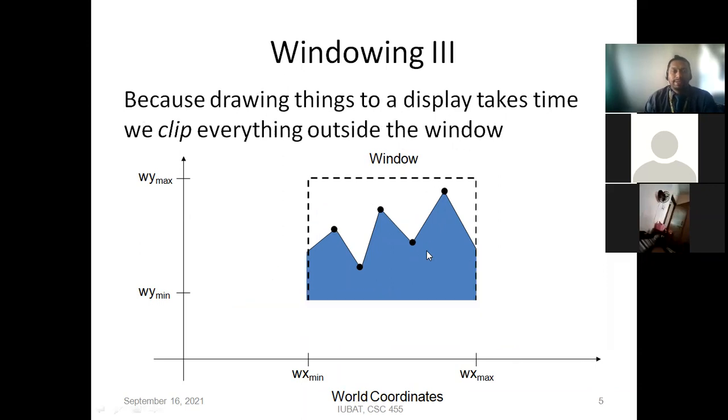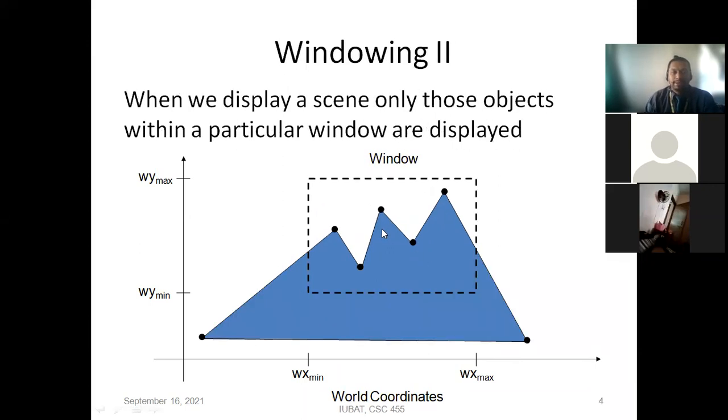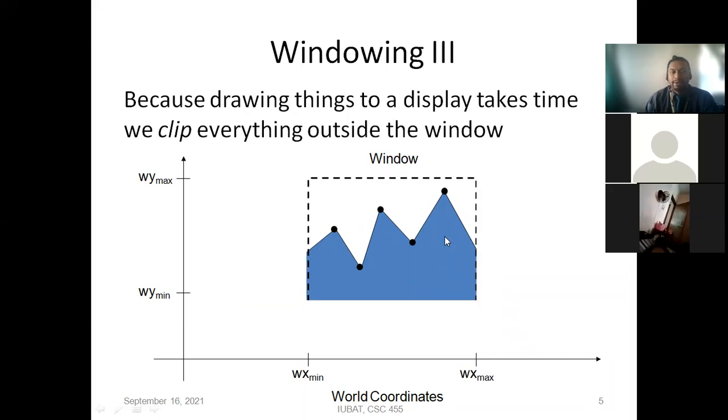For inside the window, after the clipping, that part exists which follows values in between x minimum and x maximum, and y minimum and y maximum. Then only can we keep or retain it. Otherwise, the rest of the content can be clipped or removed.